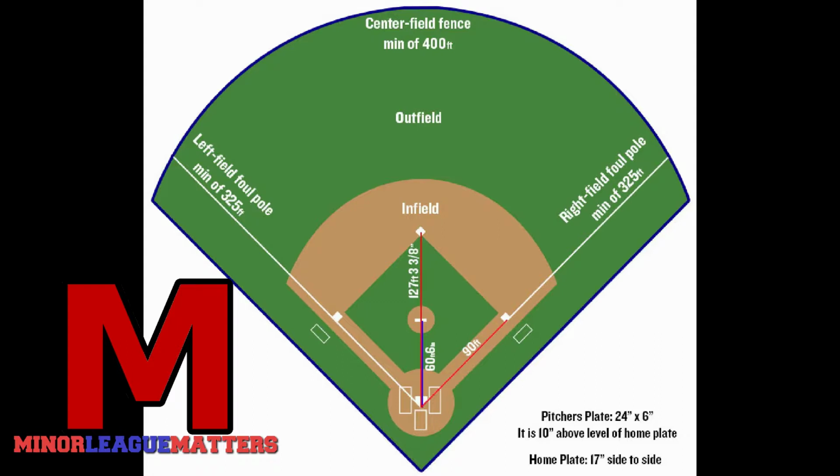From first base to the base in the middle of the field is second. That's another 90 feet. From there to third base, which is off to the left side of the field, is another 90 feet. And of course, from third base to home plate is another 90 feet.